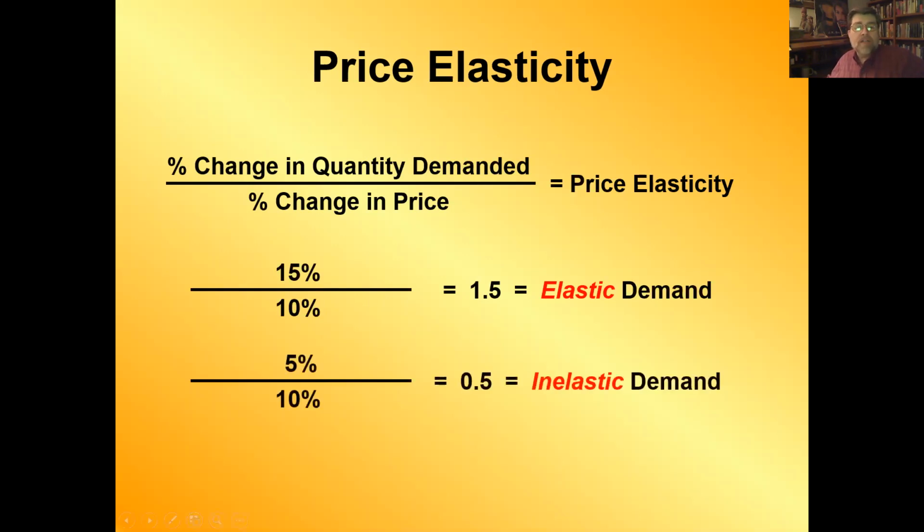However, if that same change in price only produced a 5% change in demand, then demand is said to be inelastic. Now, what sort of products tend to have inelastic demand?